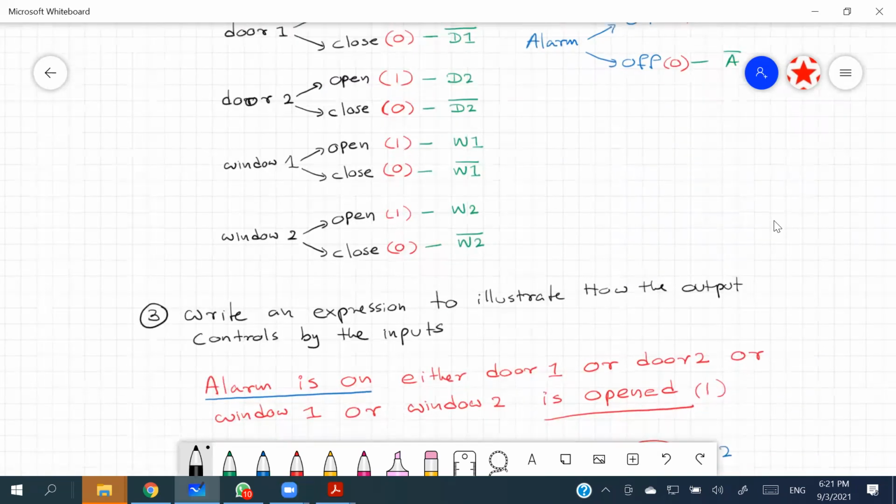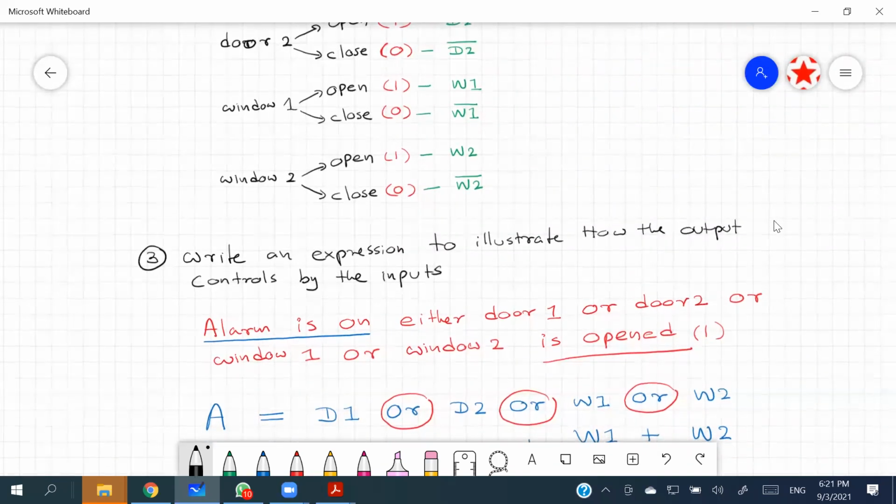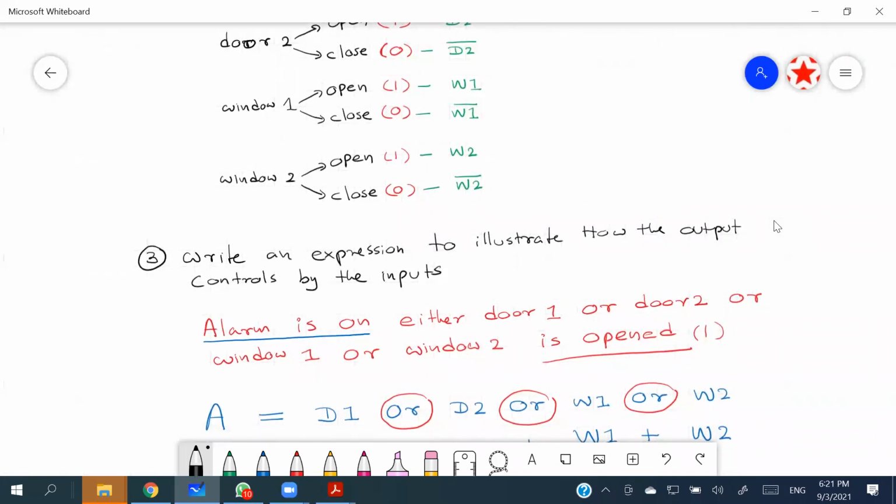Right, moving upward. Let me know if you are missing anything.